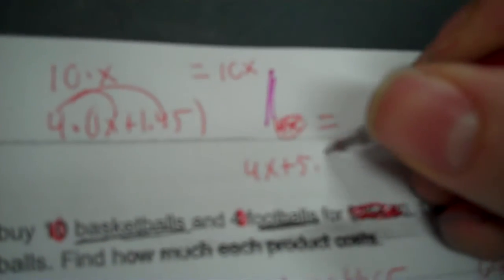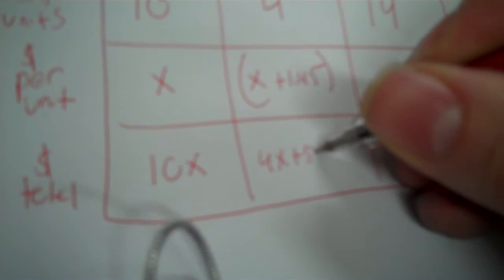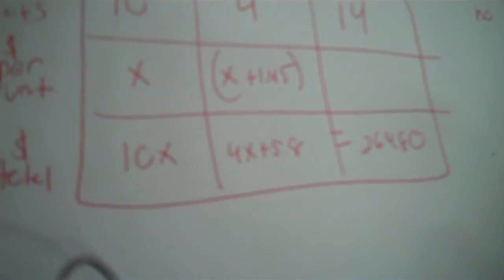Now, you need to distribute 4 to the X and 4 to the $1.45. 4X, and then 4 times $1.45 is 5.8. So down here we're going to have 4X plus 5.8. And that's the equation. That's the only equation we need.